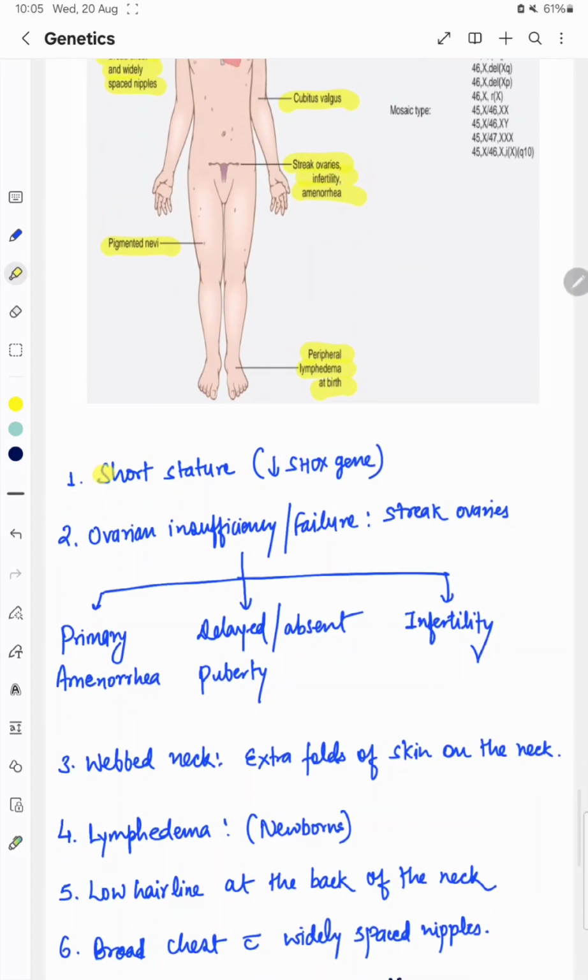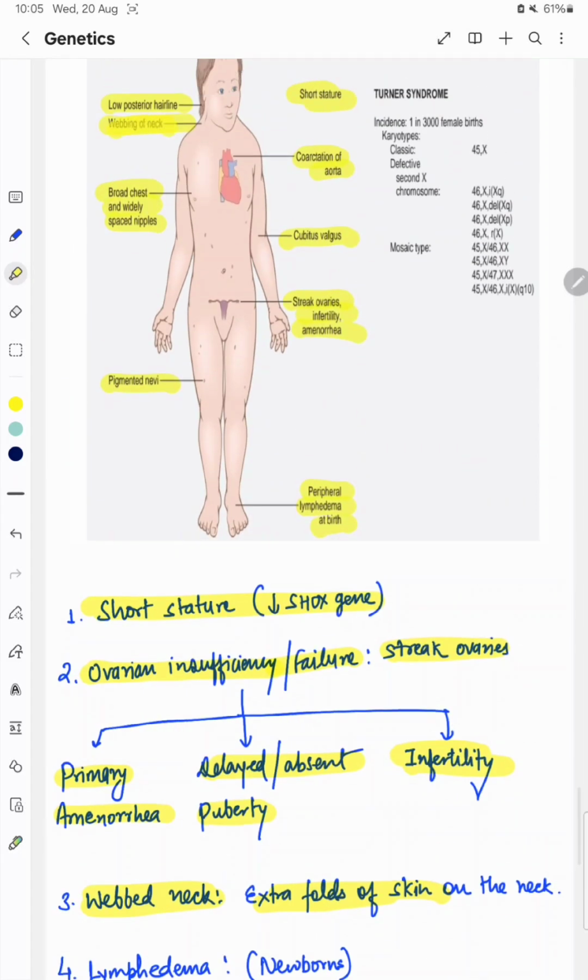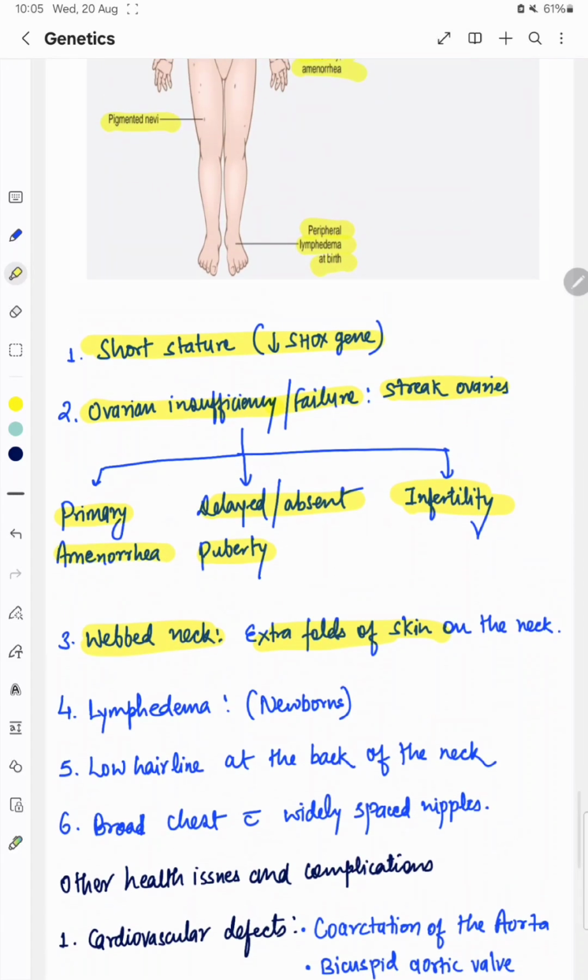So, as we have discussed, short stature because of the decreased amount of the SHOX gene, ovarian insufficiency or failure resulting in streak ovaries, which is responsible for primary amenorrhea, delayed or absent puberty, and infertility. A webbed neck, an extra fold of skin over the neck, is seen in Turner syndrome.